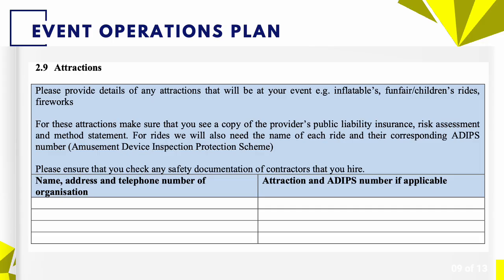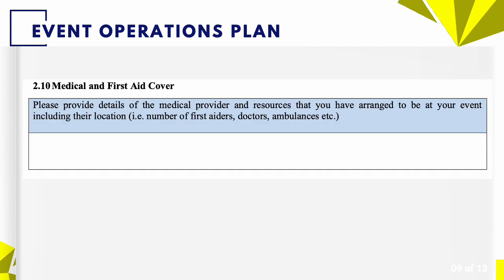And for these attractions, make sure that you see a copy of the provider's public liability insurance, risk assessment, and method statement. Then we also have in 2.10 the medical and first aid cover. So we have to provide here the details of the medical provider and resources that we have to arrange to be at the event, including their location, the first aiders, the doctors, and the ambulances.